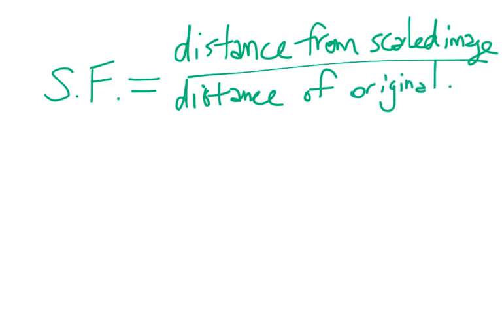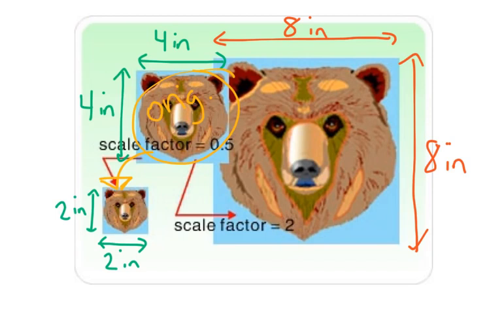So let's go take a look back at our previous example. First, let's find out what the distance of the scaled image is. Our scaled image is this reduction here. That's what it's become. And so the distance here, we can choose the height or length. It doesn't really matter. They're both 2.